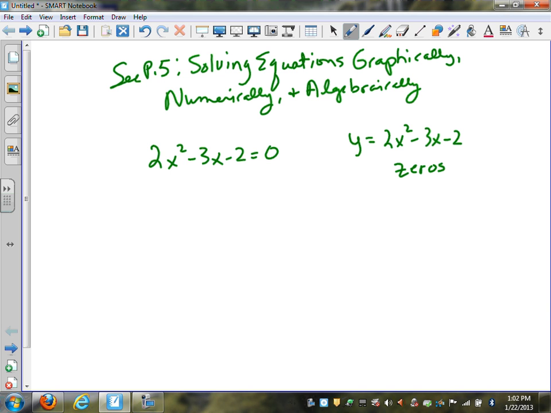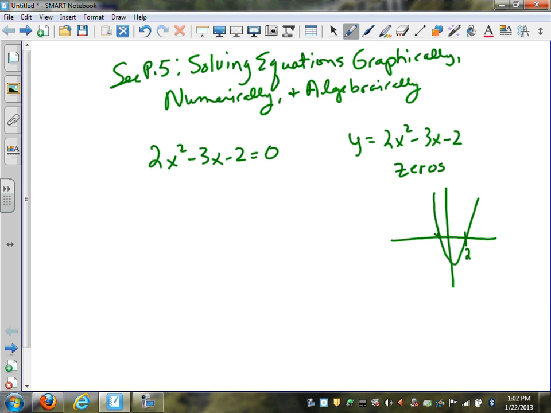When you look at your graph, this one looks like it's going through 2. But this one, let's find this point right here. Go to second calc, zero. It says left bound, so we want left of this zero.